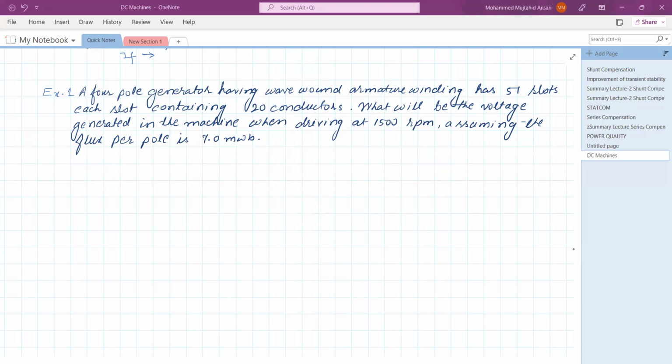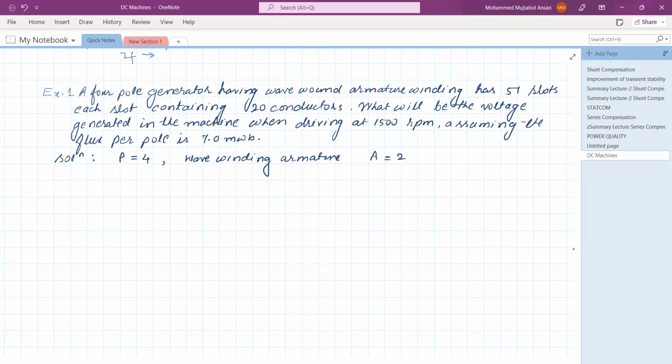So what parameters are given? The number of poles P is equal to 4, and it is a wave winding armature, which means that A is equal to 2.